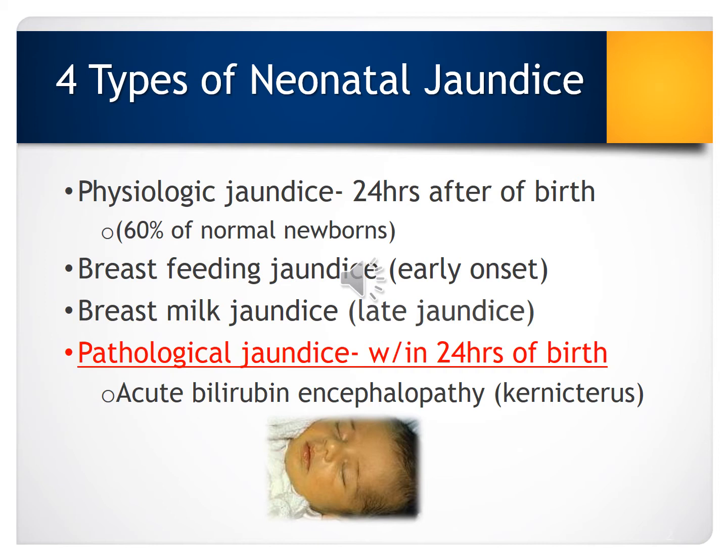You should know these four, and then know how to differentiate between physiological jaundice, which occurs after 24 hours of birth, and pathological jaundice, which occurs within 24 hours of birth. And so again, this module is going to focus on that pathological jaundice and causes of this hyperbilirubinemia.